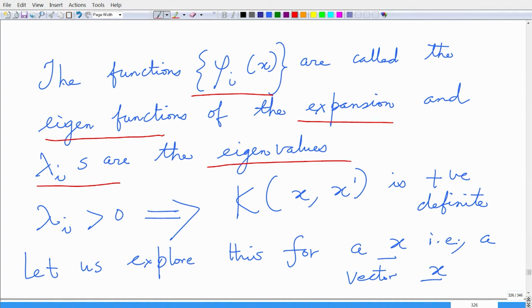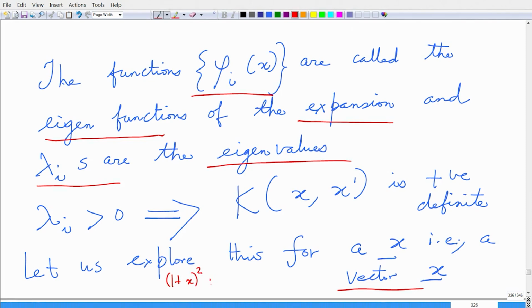And one can generalize this notion of kernel that I discussed here for a single variable case to a multi variable case. X need not be a scalar, x could be a vector. So, I took the expansion 1 plus x whole square.